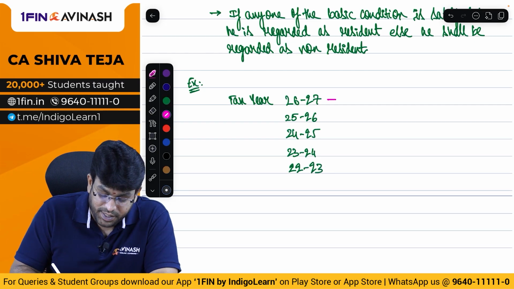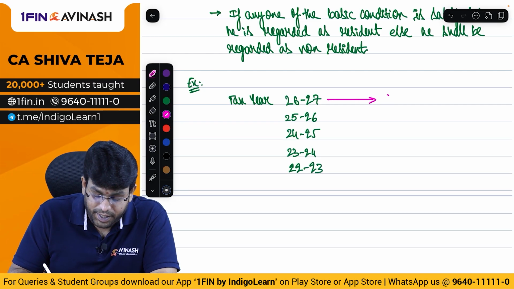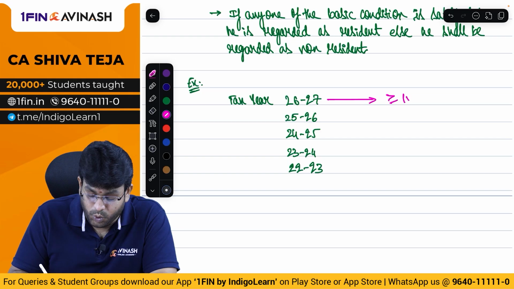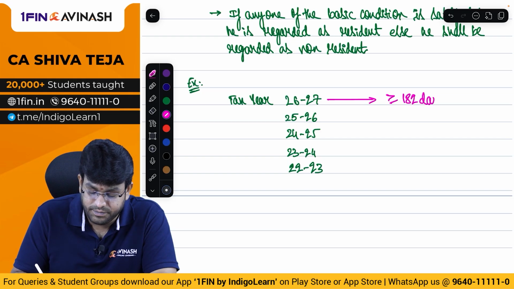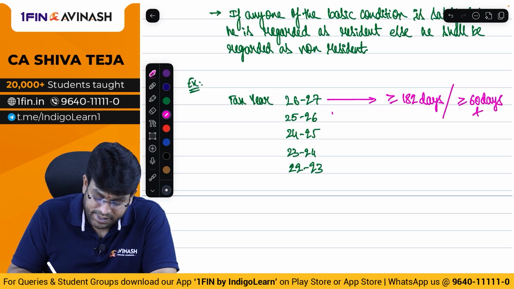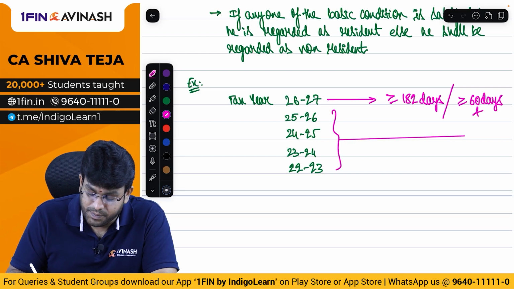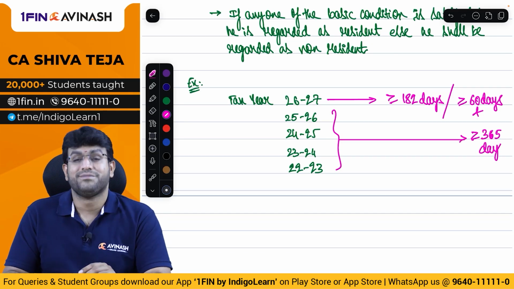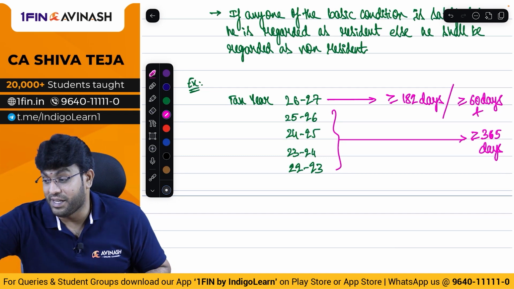So what are the possibilities here? First possibility is in this year he is greater or equal to 182 days. Second possibility is what? Greater or equal to 60 days during the tax year, and the 4 years preceding the tax year put together, he is there in India for greater or equal to 365 days. Then we will treat him as resident.